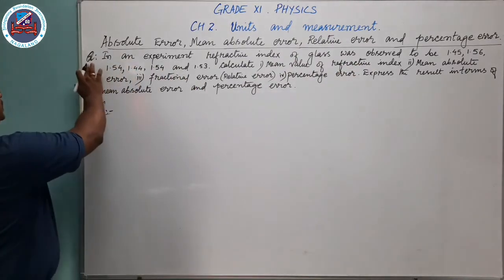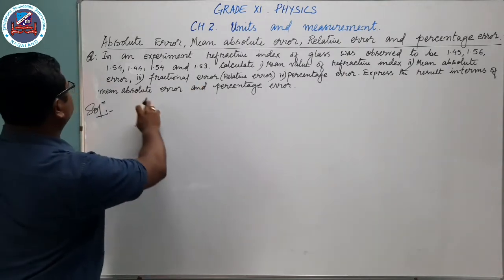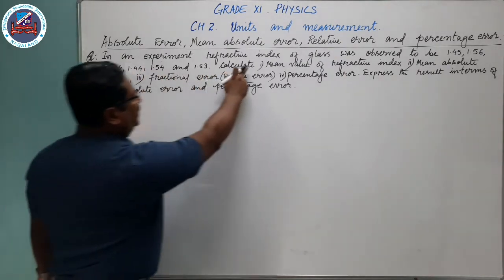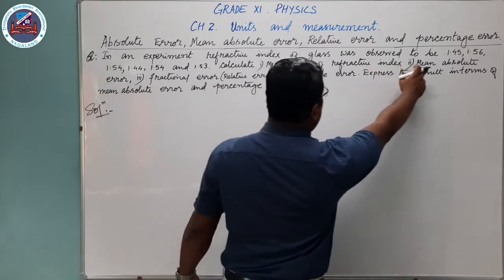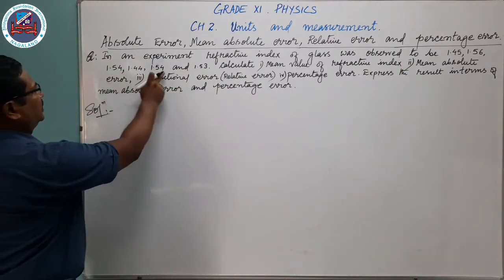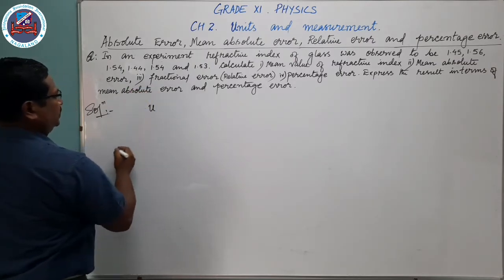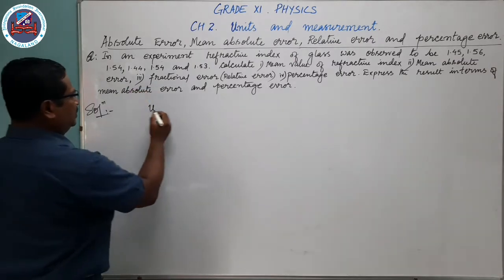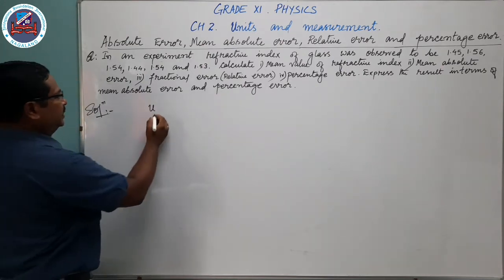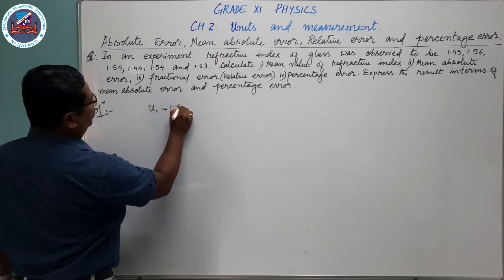Here is one question I have written, as it is purely mathematical. In an experiment, the refractive index of glass was observed to be 1.45, 1.56, and so on. Let us choose the letter U here; you can choose any letter you like, you can use mu also for refractive index. I am choosing U. U1 is 1.45.